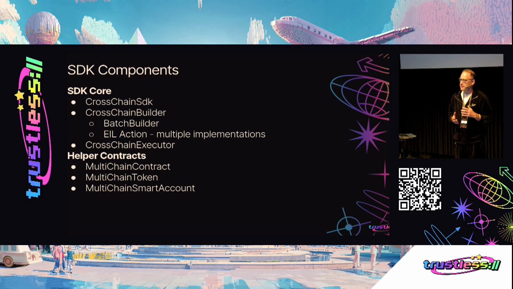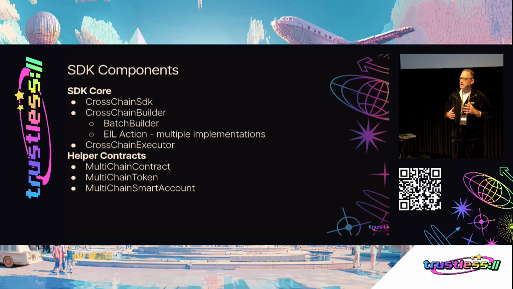But basically, an action is a wrapper for a method call or a set of method calls that you can use. Once you've created it, you use the cross-chain batch builder and you create multiple batches, it's time to execute them.